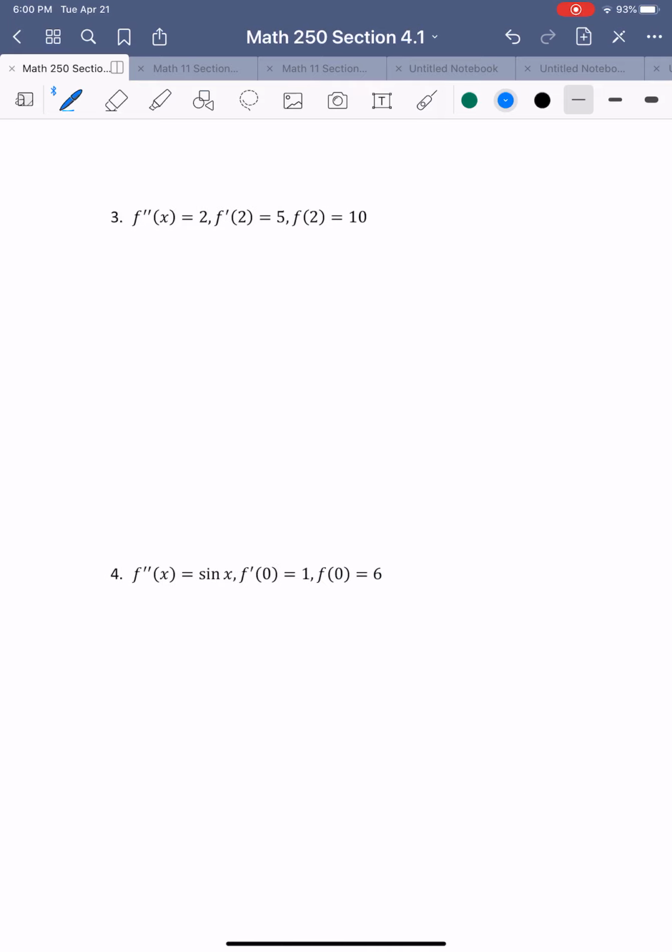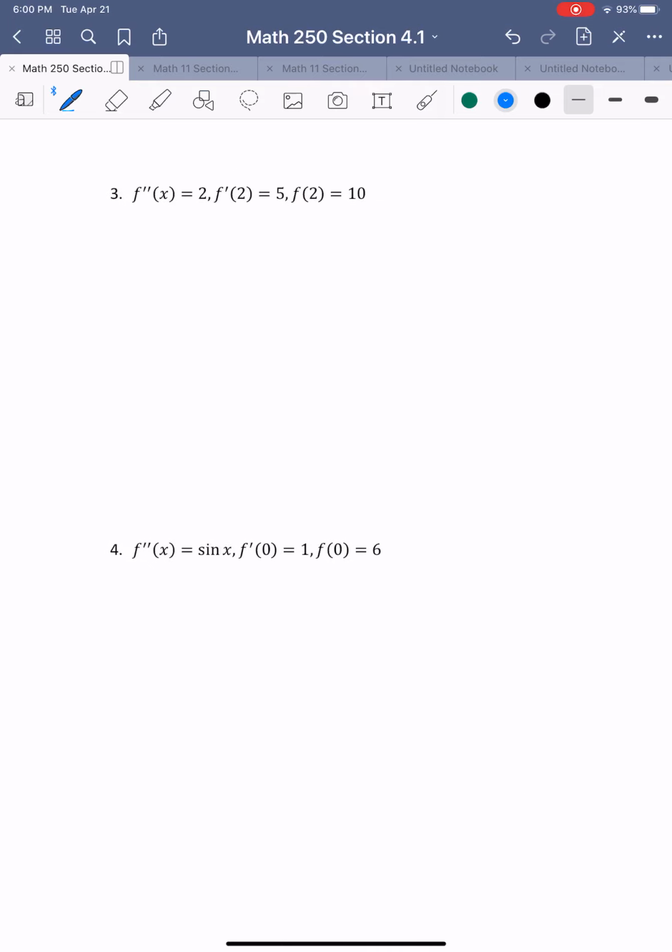All right, next page. Now we have a double prime, second derivative. When you have a second derivative, we can find f prime of x first. So f prime is the integral of f double prime of x dx. So f double prime is 2 dx, which is 2x plus c. So now we have f prime of x is 2x plus c.